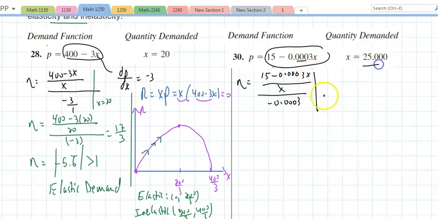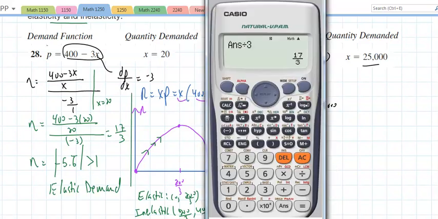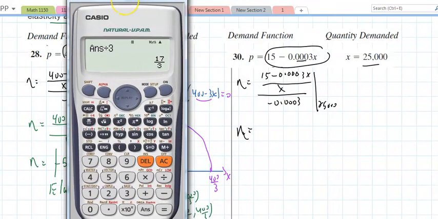If I evaluate that at 25,000, wouldn't that be, let's see, get my calculator out, parentheses 15 minus 0.0003 times 25,000 divided by x.